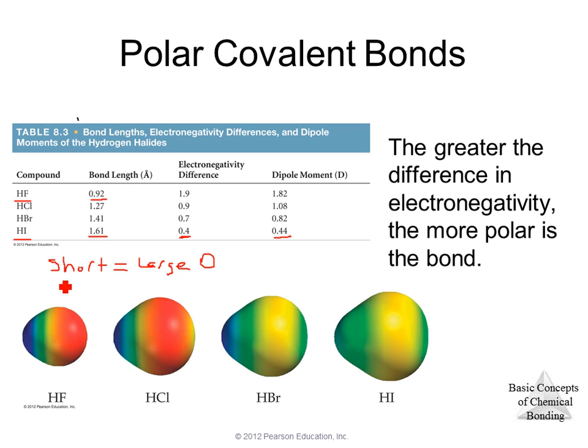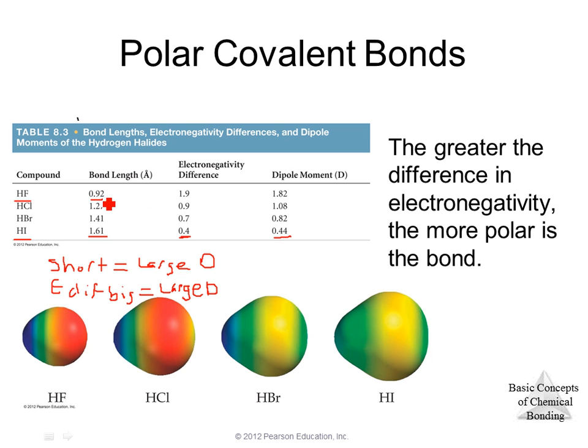Another thing that happens here, if we have an electronegativity difference that is big, that also equals a big dipole moment. Electronegativity difference, if it's big, that also equals a large dipole moment. If I can write with my mouse here. Large dipole moment.